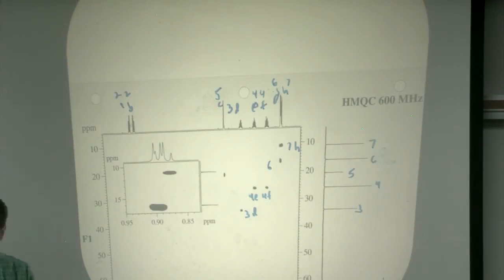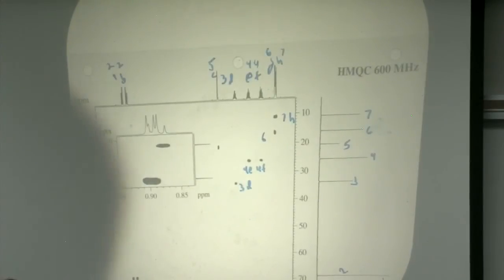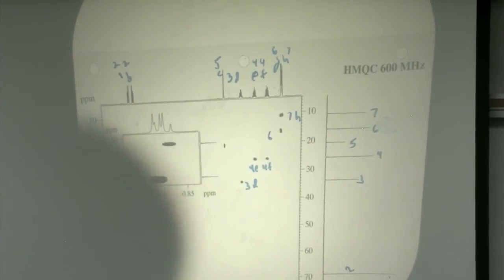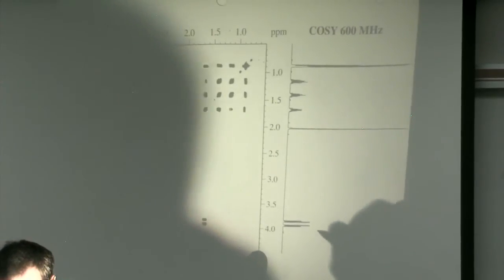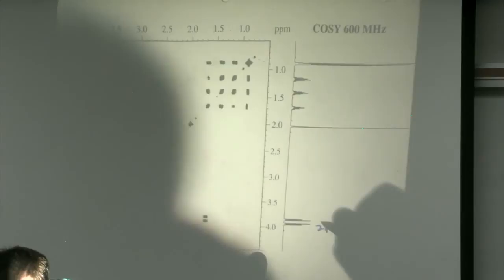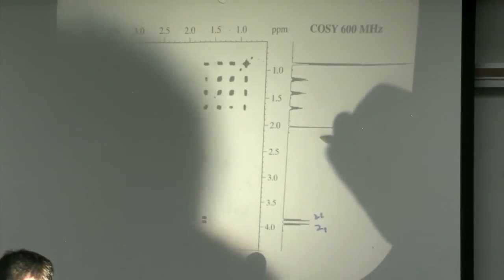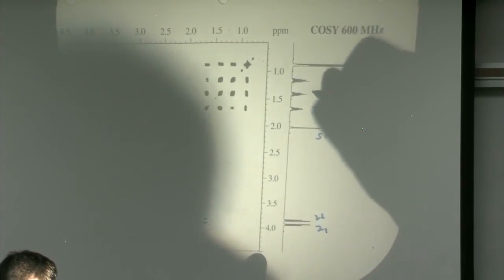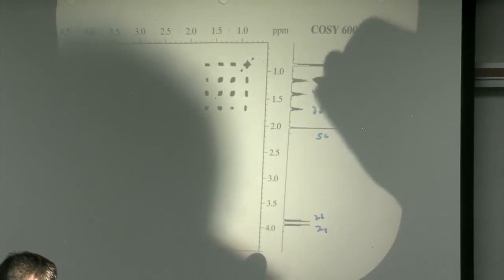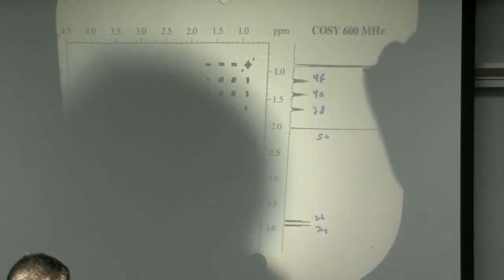All right, here's where all of this work pays off. Now we go to the COSY spectrum. And again, I'm very, very, very mechanical about this. I go ahead and I transcribe from my other axis 2A, 2B, 5C, 3D, 4E, 4F, 6G, 7H.